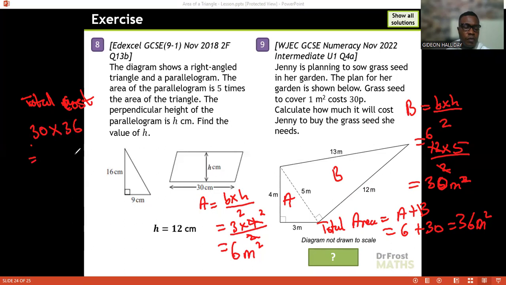What's 3 times 36? 3 times 6 is 18. 3 times 3 is 9, 9 plus 1 is 10, with a 0. So 2 decimal places. Of course, that is in pence. If you want to convert to pounds, that will be £10.80.